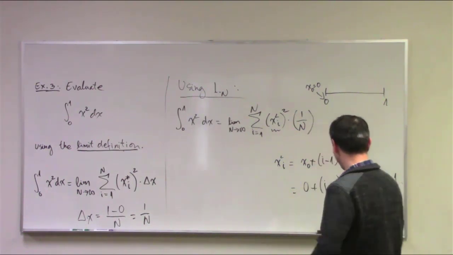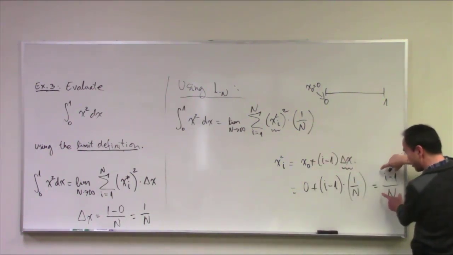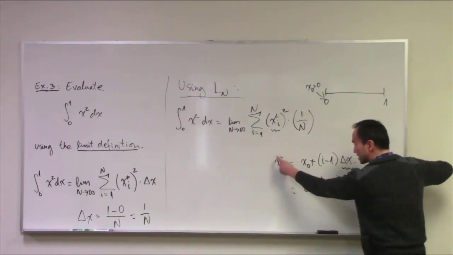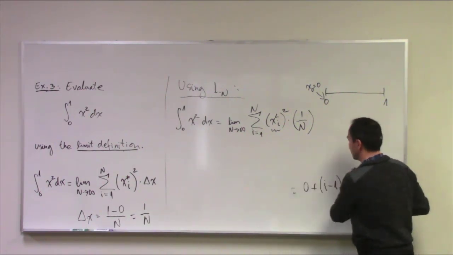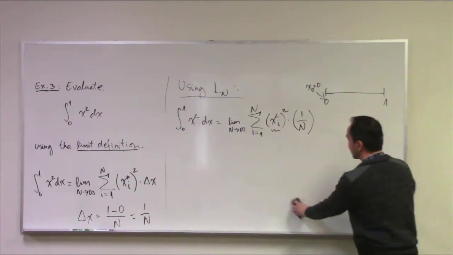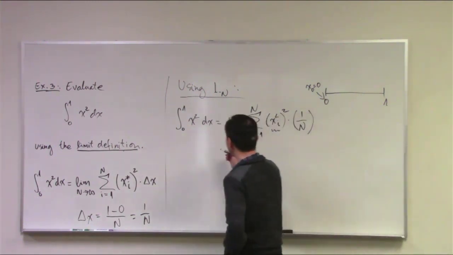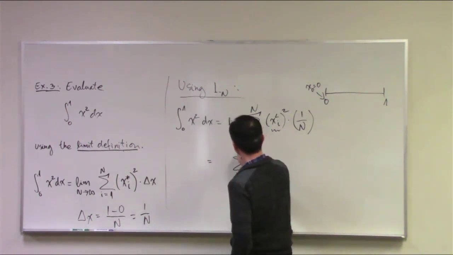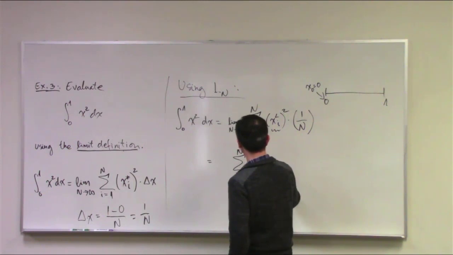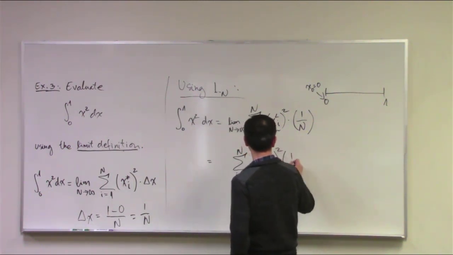Okay, so this is a general representation of each of our x L i, the left-hand point of any i-th interval. Now I'm going to bring that and substitute it in here. So the Riemann sum now becomes the sum with i running from 1 to n of i minus 1 over n, all squared, times 1 over n.